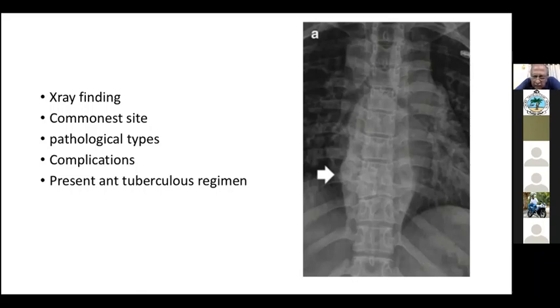Second change that has come: instead of various tablets, now we have fixed drug combinations. Each tablet has about 75 milligrams of isoniazid, 150 milligrams of rifampicin, 275 milligrams of ethambutol, and the other is pyrazinamide. Okay, that is the one.